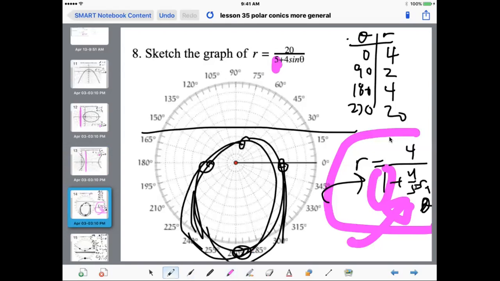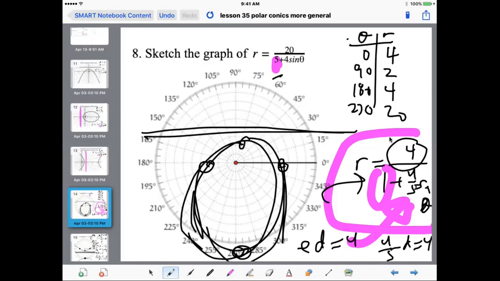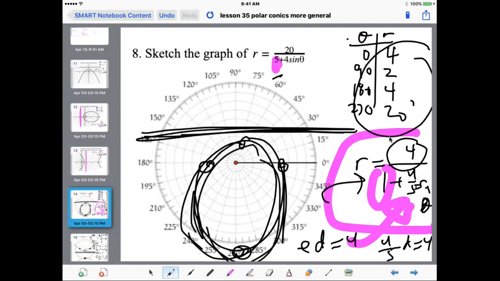So E is 4/5 and 4 is ED. So ED is equal to 4/5 times D is equal to 4. So D is 5. And because of this plus here, it's directrix up here. Then if you make the 4 points, everything seems to make sense. I know that 270/20 is kind of low off the graph.